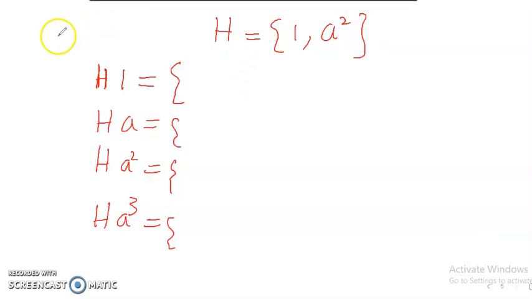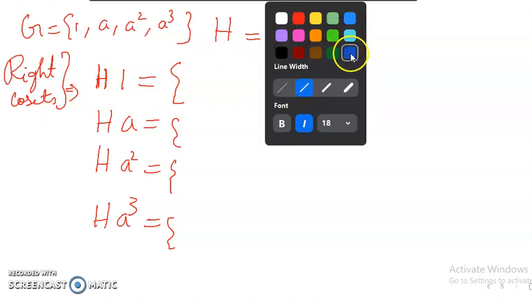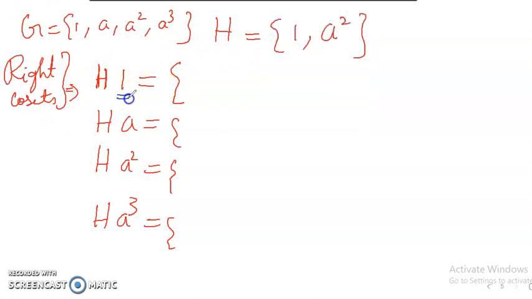Let me take this. G is {1, a, a², a³}. These are right cosets.